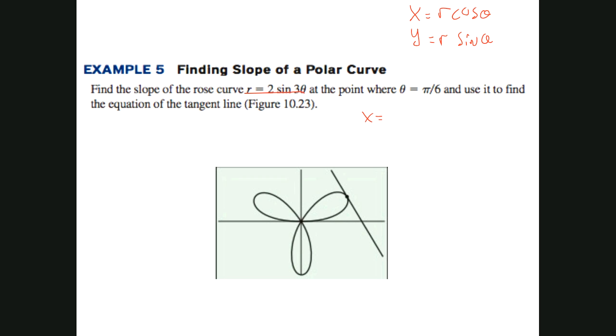Is that right? Yep. 2 sine of 3 theta cosine of theta. And my y value, and I should have put the y on top because it's y prime over x prime, but that doesn't make any difference. And then my other one is going to be, r, so that's going to be 2 sine of 3 theta sine of theta.